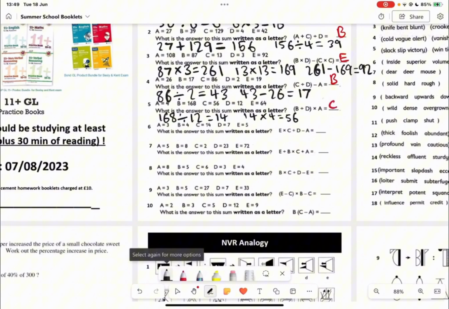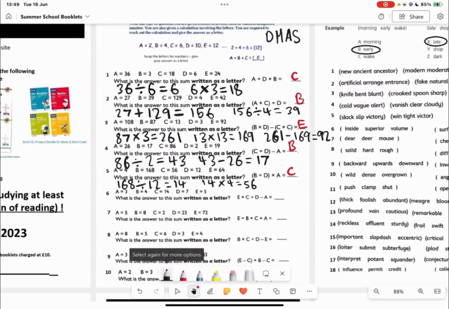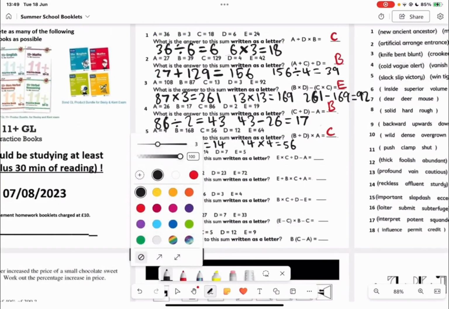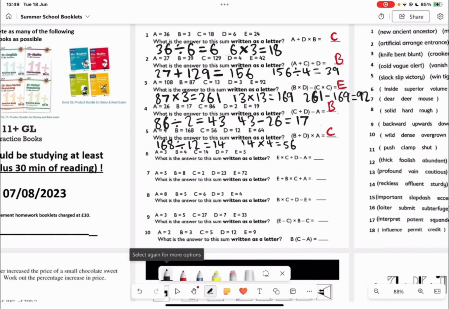Okay, next we have question 6. E times C divided by D minus A. And this is using our knowledge of BODMAS. So first we will divide. So C divided by D will be 14 divided by 7, and that's equal to 2.